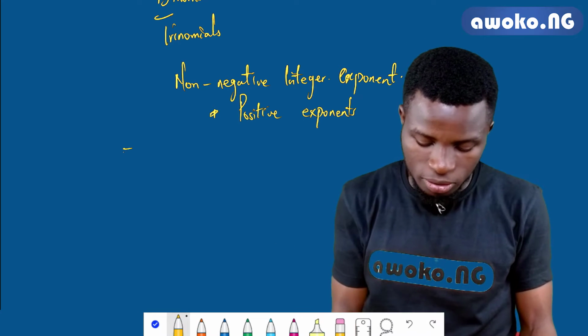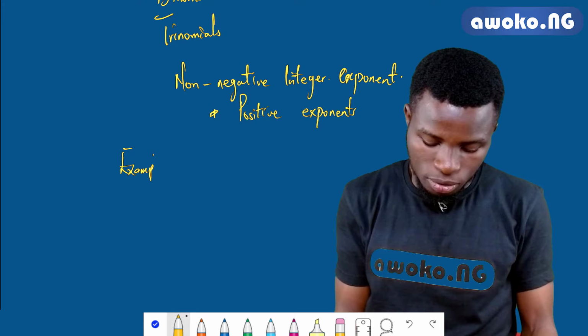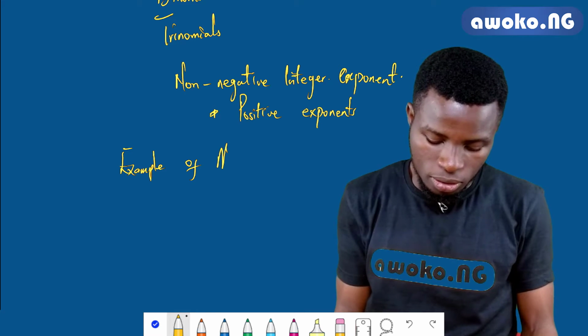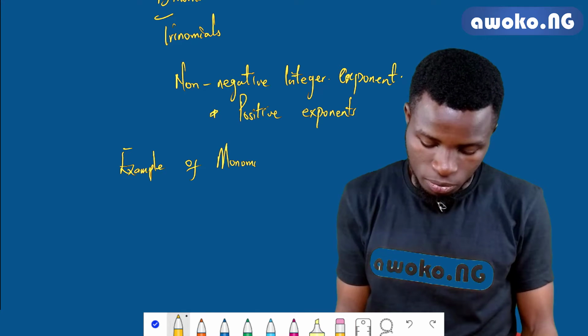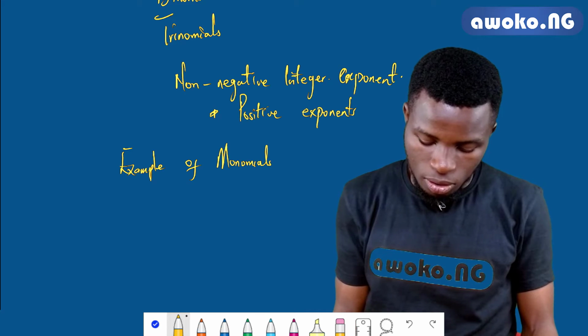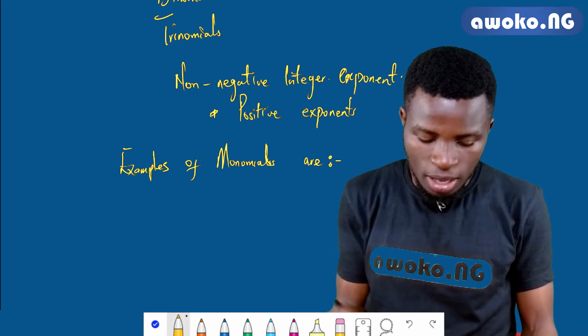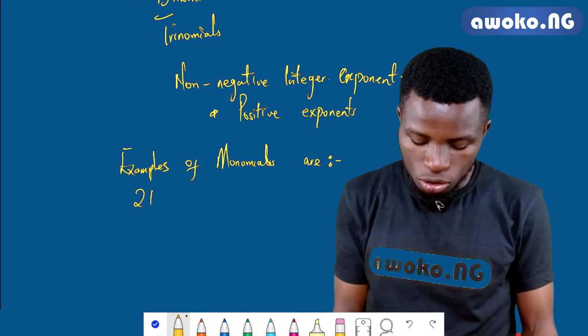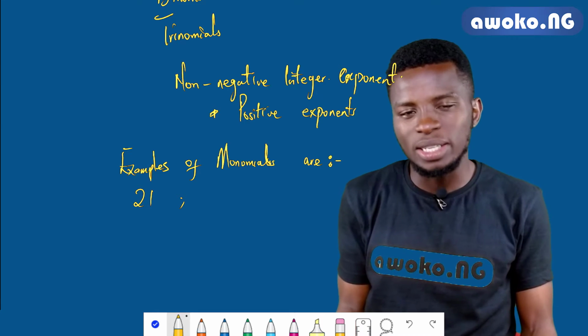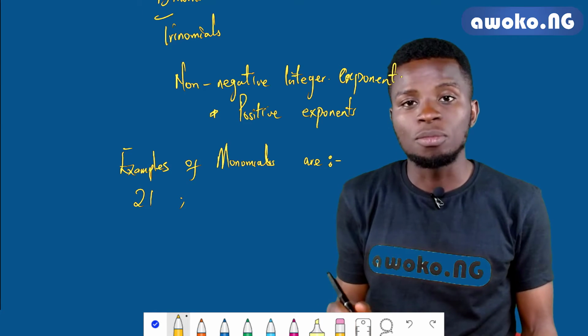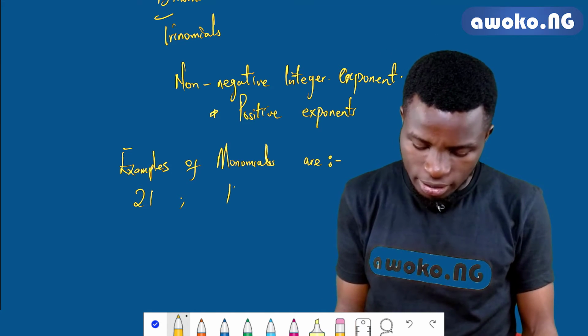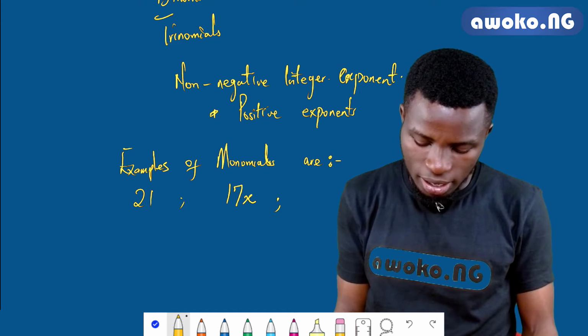Examples of monomials are, the first one here is 21. 21 is an example of a monomial. We can also have an example like 17x.